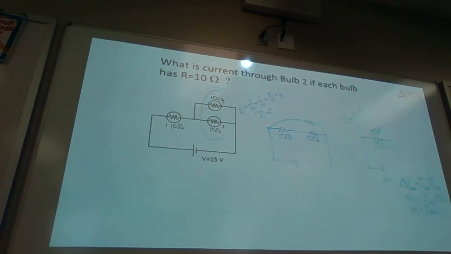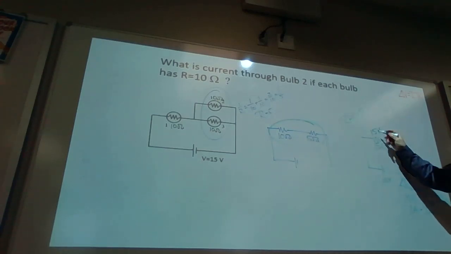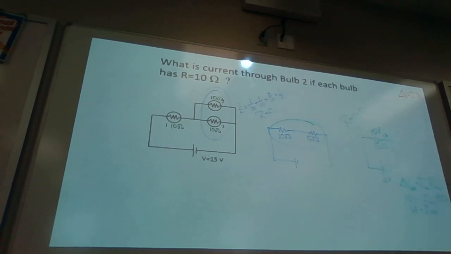I find that to be 1 amp. So now I know I've got 1 amp flowing through here. I've got 15 volts, 1 amp, and 15 ohms for that total resistance. That's my total resistance, I got my total voltage, therefore this is my total current. Good with that.